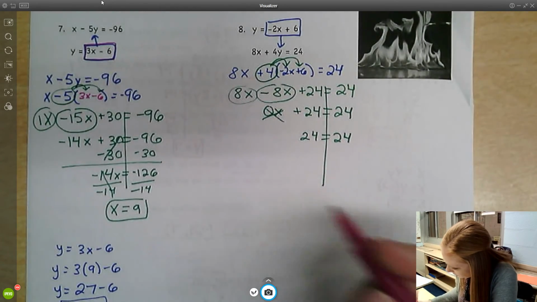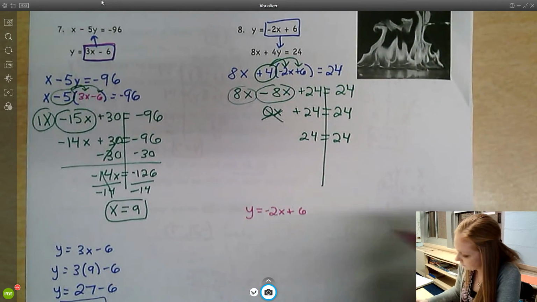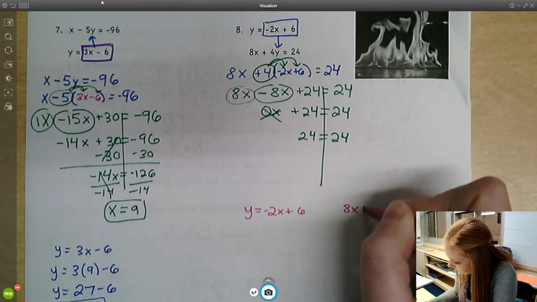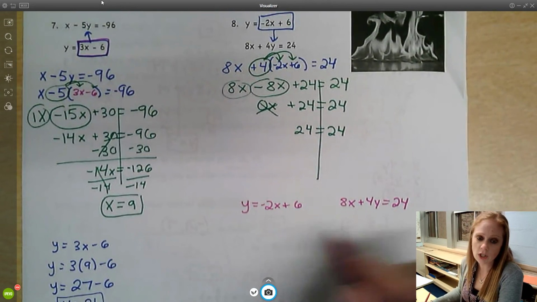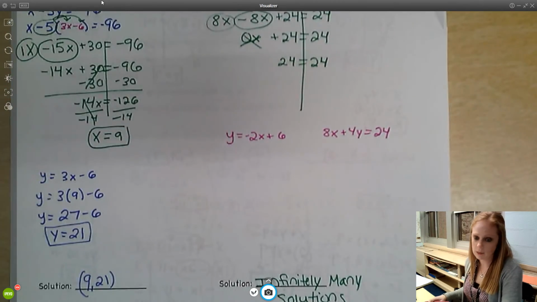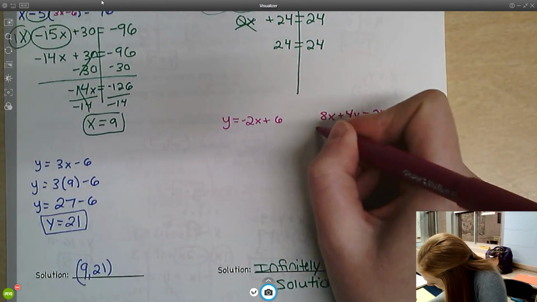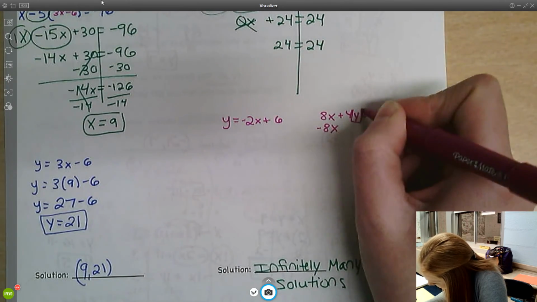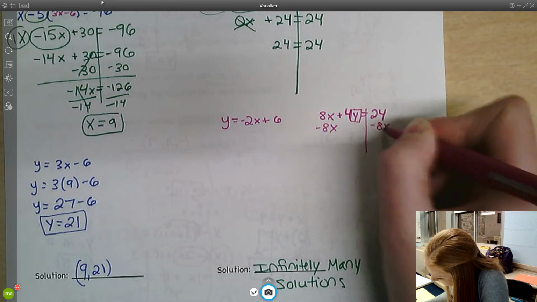And I can prove it to you. So this was our first equation. And then let's look at our second equation. If we rearrange the second equation, it should look exactly like the first equation, because when there's infinitely many solutions, they're the same line. So let's try and rewrite this in y equals mx plus b form. We have to get the y by itself. So I'm going to move this 8x over.